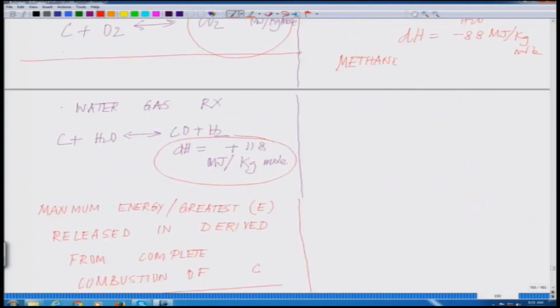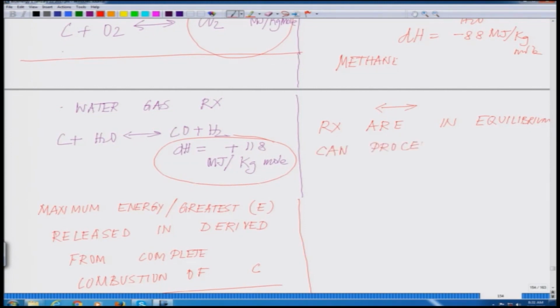Every time you are observing that I am putting an arrow like this, which basically shows that the reactions are in equilibrium and can proceed in either direction.